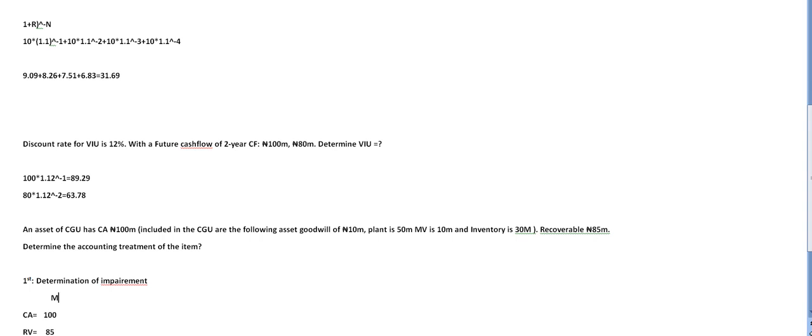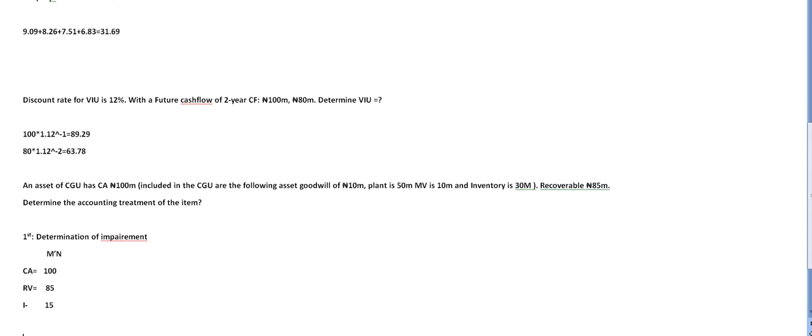Let me put M on top, like this, N in Naira. So our impairment is 15 million.